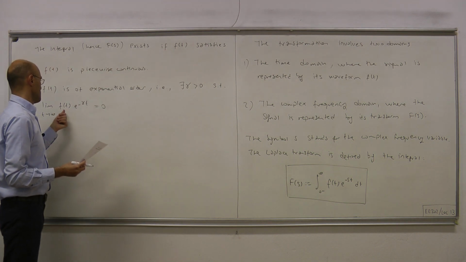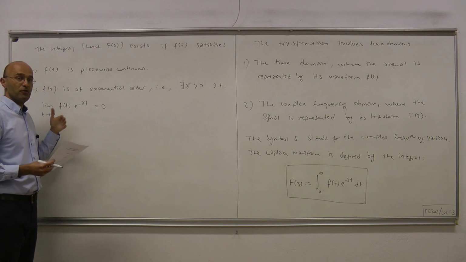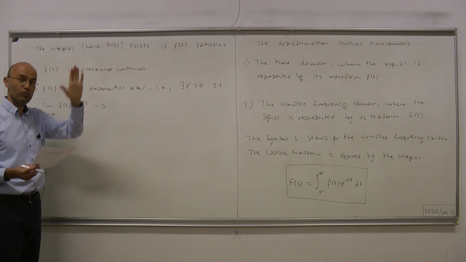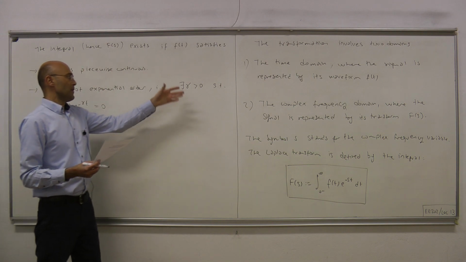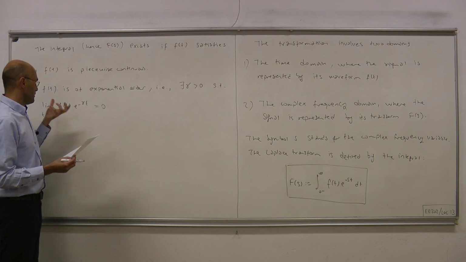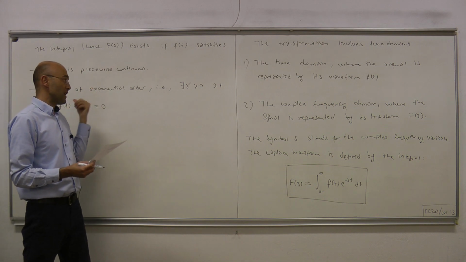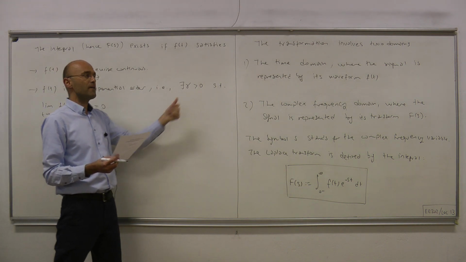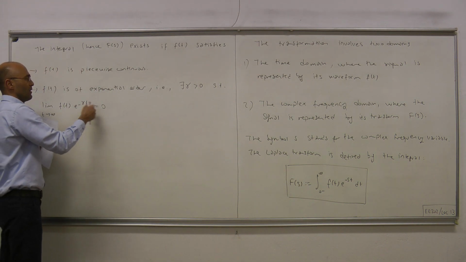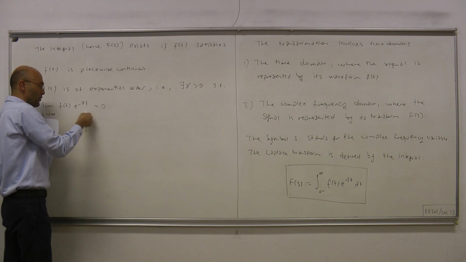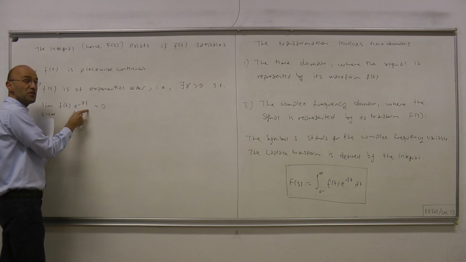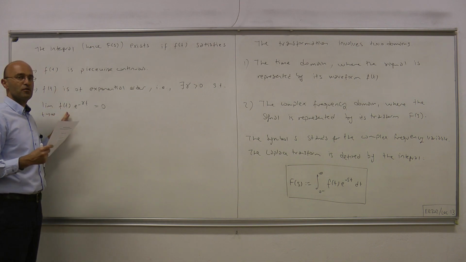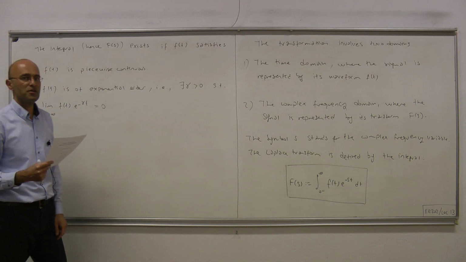So even if this function f of t tends to increase, even exponentially, we can find a gamma large enough such that the decrease of this piece, e to the minus gamma t, suppresses the tendency to increase of f of t, and in the limit it provides 0.